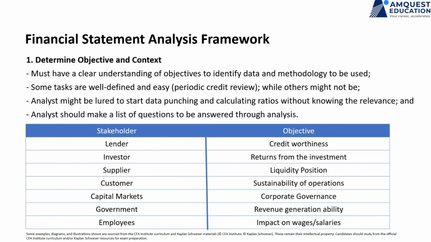Government looks at it from a revenue generation ability perspective, and employees from an impact on wages and salaries perspective. So each stakeholder has a different objective to look at the financial statements. And financial statements are a gold mine. There is a lot of information in a financial statement that can help you understand the business better.